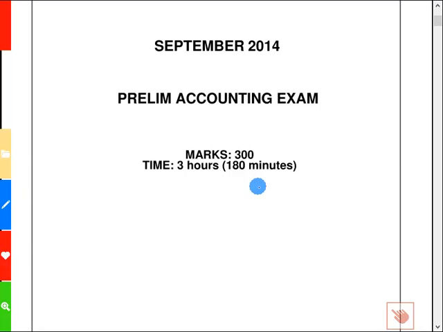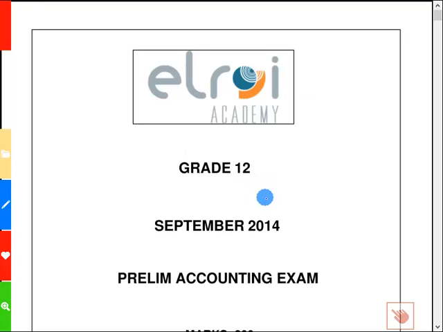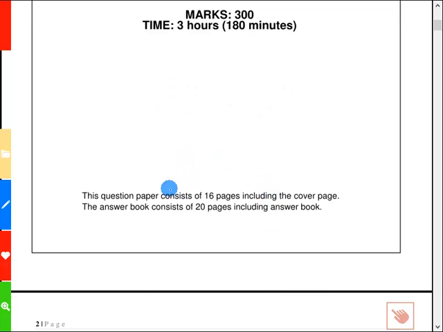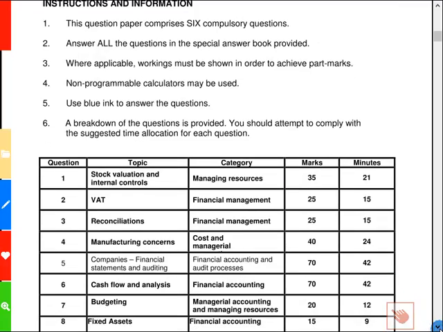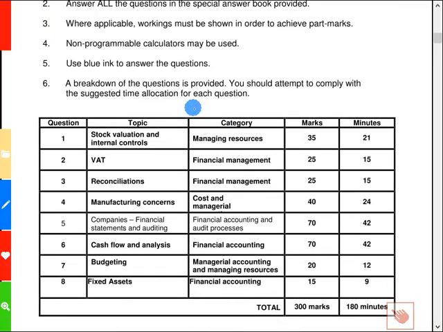You go to your question paper, and you will see that there's 16 pages in the question paper and a cover page. So you read the instructions, and you should have a breakdown of the questions on one of the first few pages, and this is where you can orientate yourself and come up with an action plan.